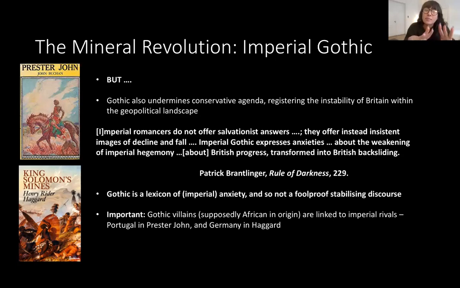In King Solomon's Mines, this strategy is even more explicit, because Quatermain, who is Haggard's protagonist, compares the Kukuana, a people whom he makes up, invents for the purposes of this story, explicitly to Germany.